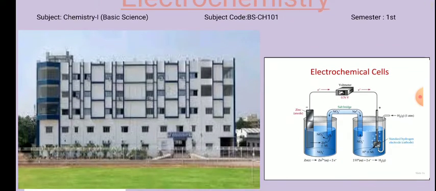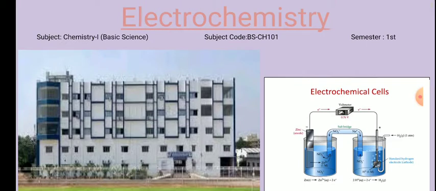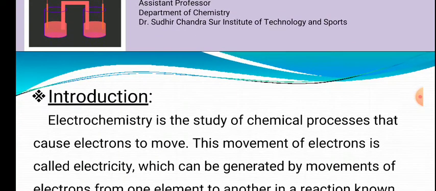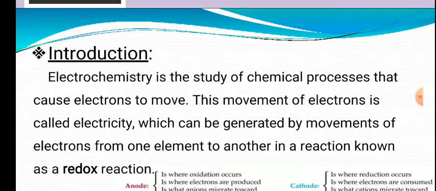So basically in electrochemistry, yes, obviously there will be a transfer of the electron from one end to the other end, or movement of the electron, but these free electrons are coming as a result of oxidation and reduction. And you know that oxidation reduction takes place in a chemical reaction.